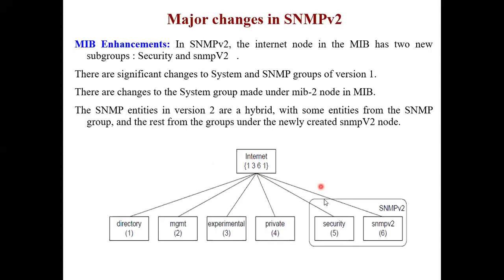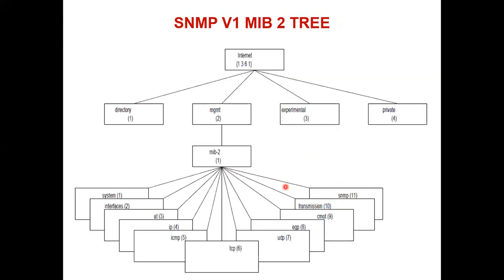So when you are explaining this, you draw this diagram and say MIB enhancement has happened in SNMP version 2. Even if it is a theory paper, you get full marks. That is how you can attract the attention of the paper corrector or the examiner. So this was about the MIB enhancement that happened in version 2.